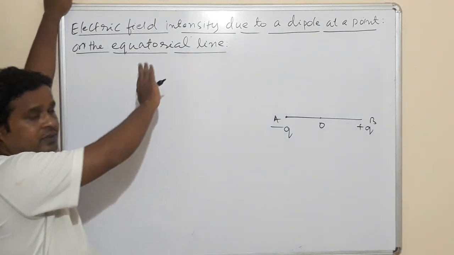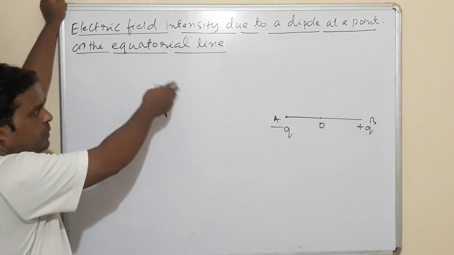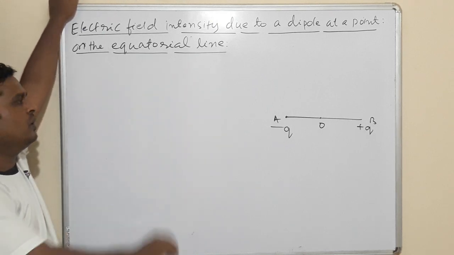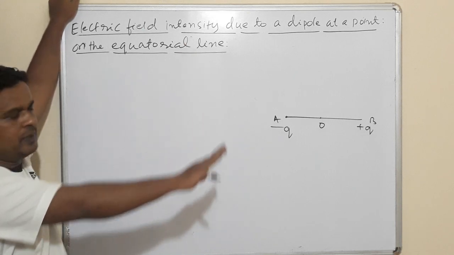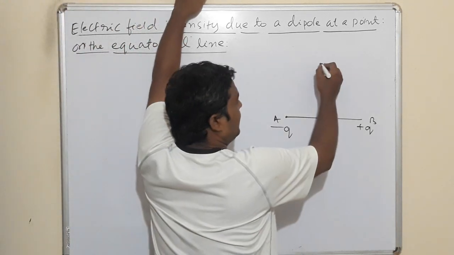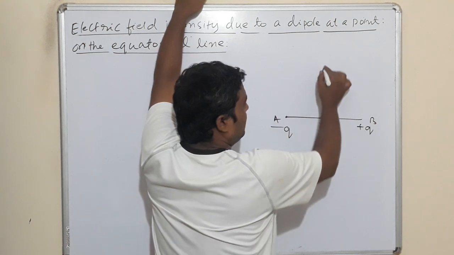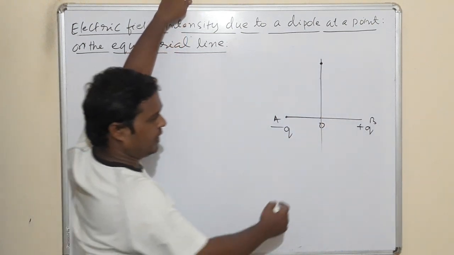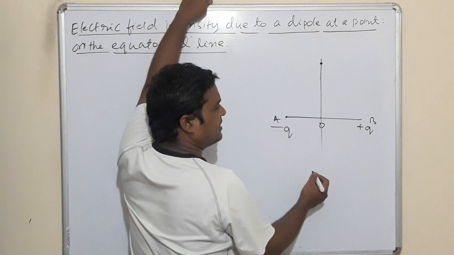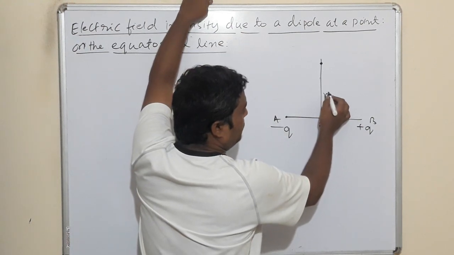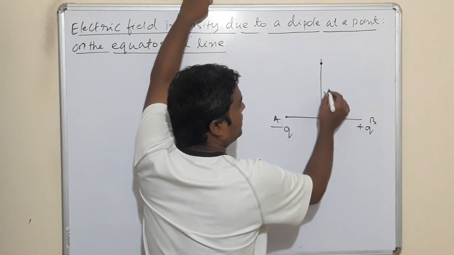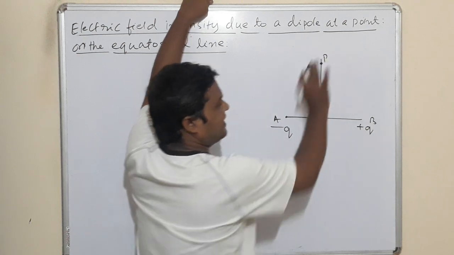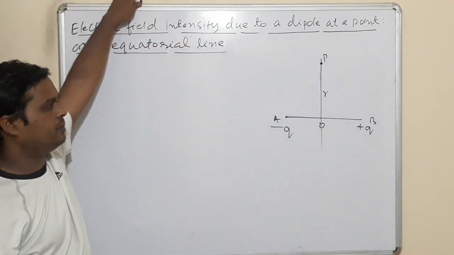Same thing as in the previous derivation, you can write first: let AB be a dipole having the charges minus q and plus q, let 2l be the length of the dipole and O the midpoint. Let P be a point on the equatorial line, at a distance r from the midpoint of the dipole. This O to P is again r, where we want to find the electric field.